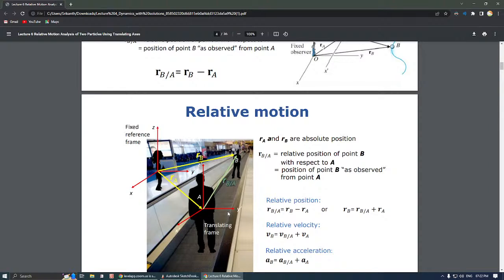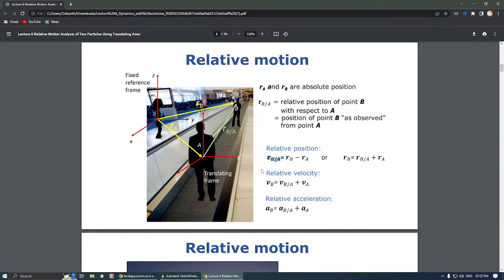That becomes relative position, because here we are measuring position. That's what he is rating it as: the position of B with respect to A. Okay. And that value will be equal to RB minus RA.